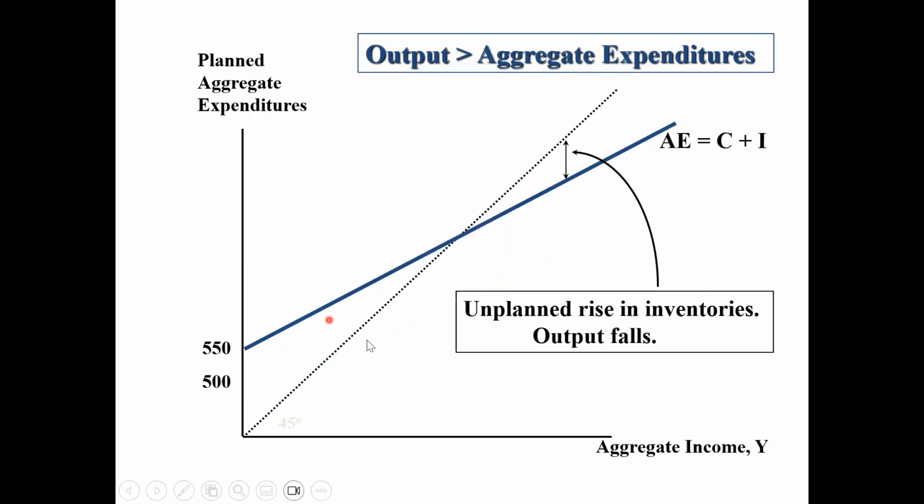So here we have a gap and here another gap. In this gap, we have an unplanned rise in inventories because the output, which is income, is larger than aggregate expenditure. So we will have a rise in inventories, so output falls.